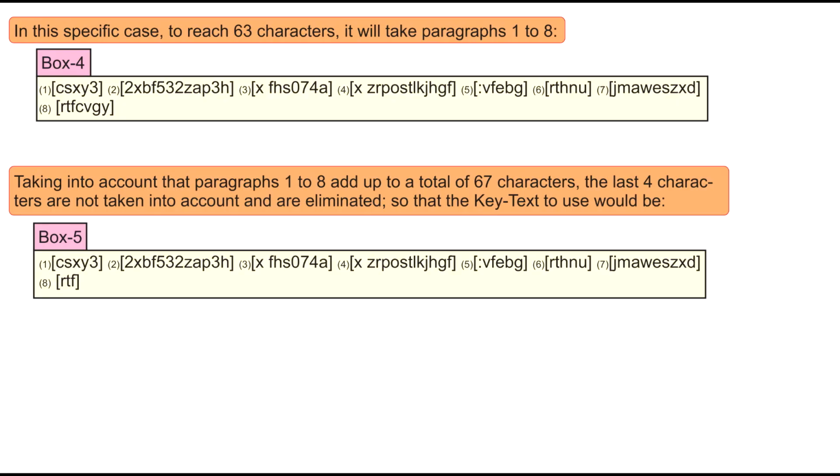In this specific case, to reach 63 characters, it will take paragraphs 1 to 8. See box 4. Taking into account that paragraphs 1 to 8 add up to a total of 67 characters, the last 4 characters are not taken into account and are eliminated, so that the key text to use would be the one seen in box 5.